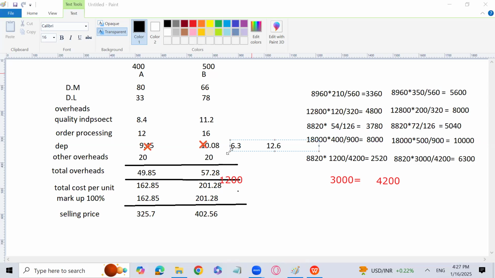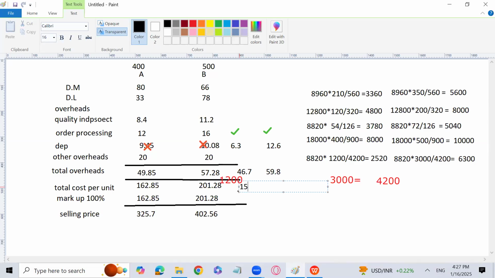Rather, I am going to take for depreciation per unit. I will take these figures, right? What is going to be the overhead cost now? Here I will write that is 46.7 and 59.8. Now we can calculate the total cost again.